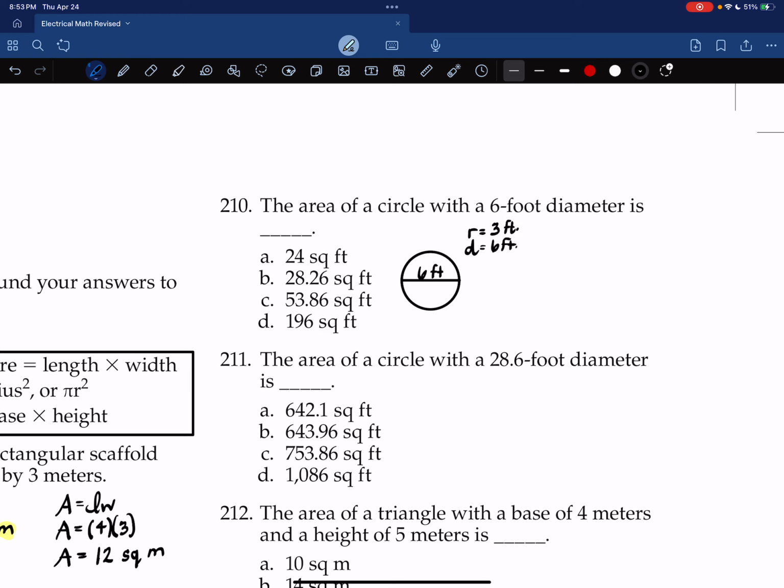So we have area is pi times 3 squared, or pi times 9, or 3.14 times 9. You could also use the fraction 22/7. But this comes out to be 28.26 square feet.